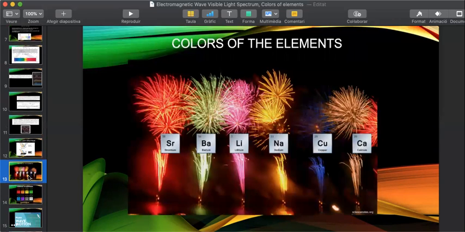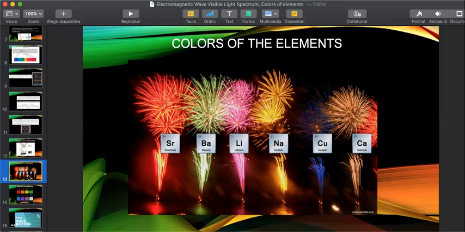And yeah, each element can emit a different color.